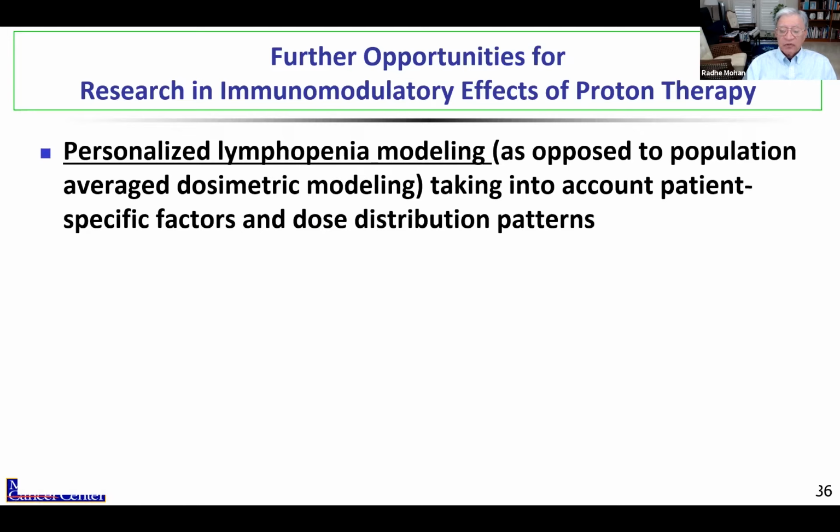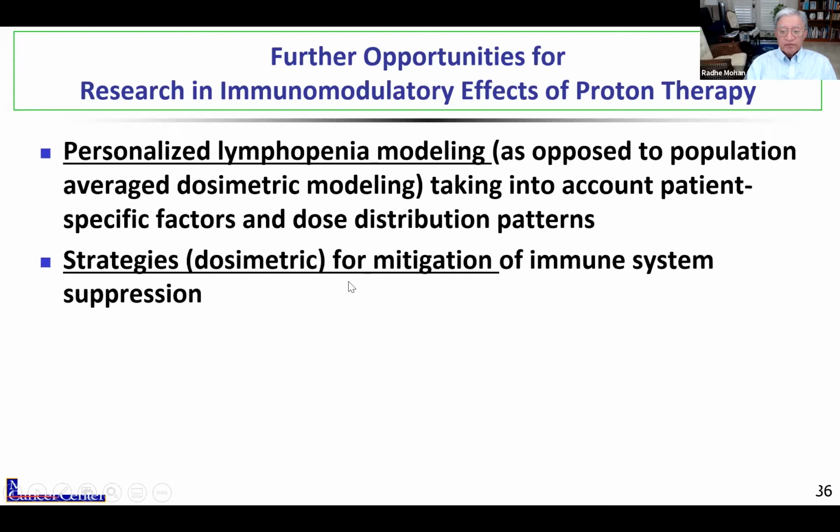So those things have to be taken into account, and perhaps we need better statistical techniques and a larger population of patients to create an individualized or personalized model that can predict much more accurately the risk of a patient developing either lymphopenia or other toxicities.